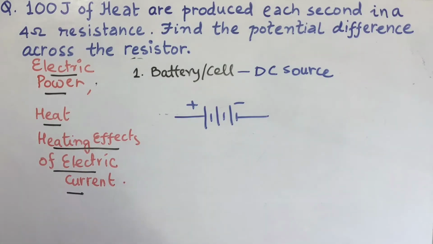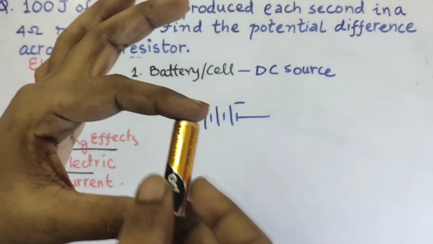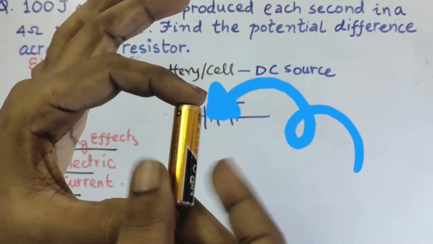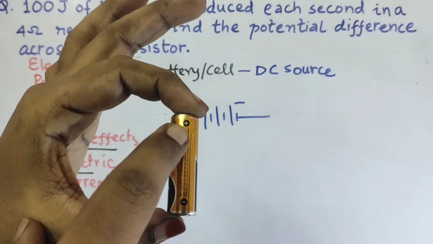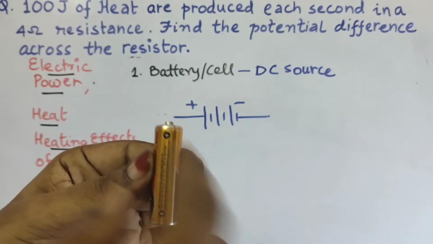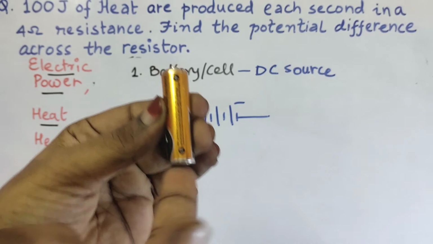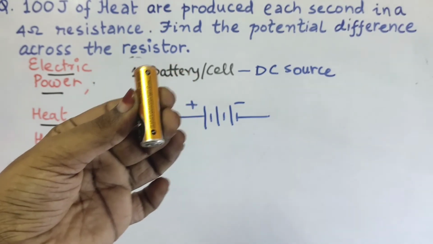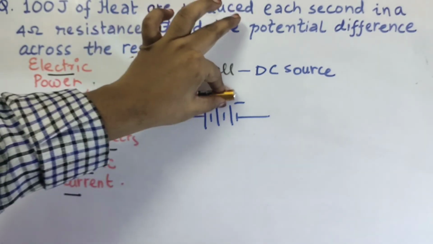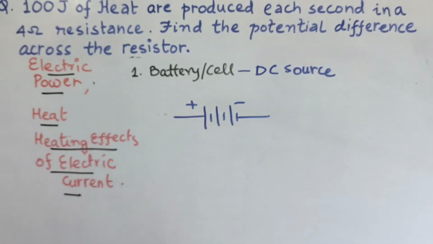You can see plus here, this is the positive terminal, and the other one is the negative terminal. The one with a cap is the positive terminal, and the flat one is the negative terminal. The bigger line is positive and the smaller line is negative.